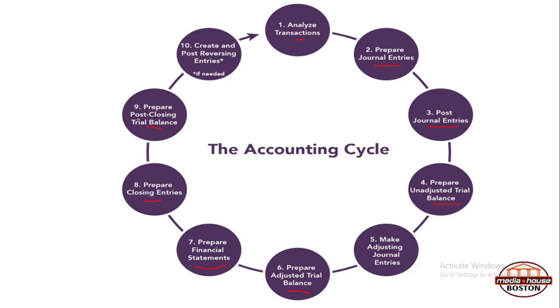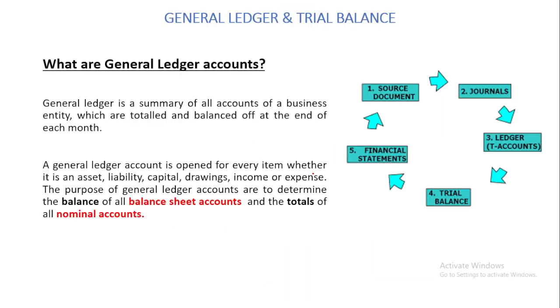And then from the post-closing trial balance, we're going to prepare the final financial statements, and therefore the accounting cycle will be complete. And for the next coming financial period or next coming month, we go through the same cycle.